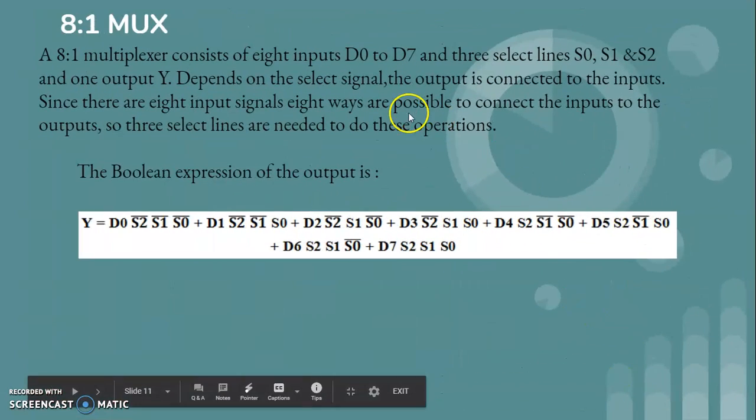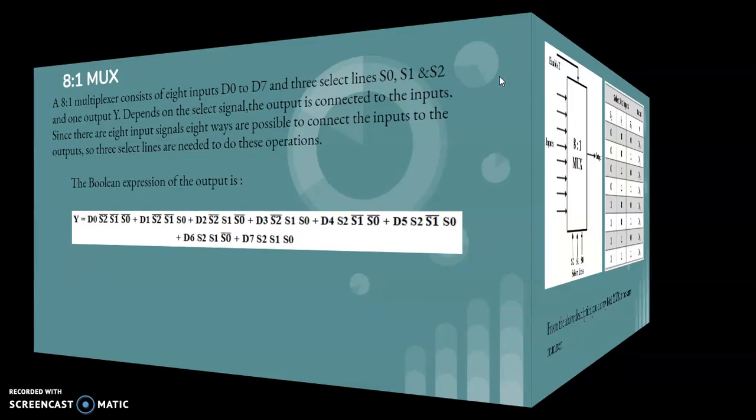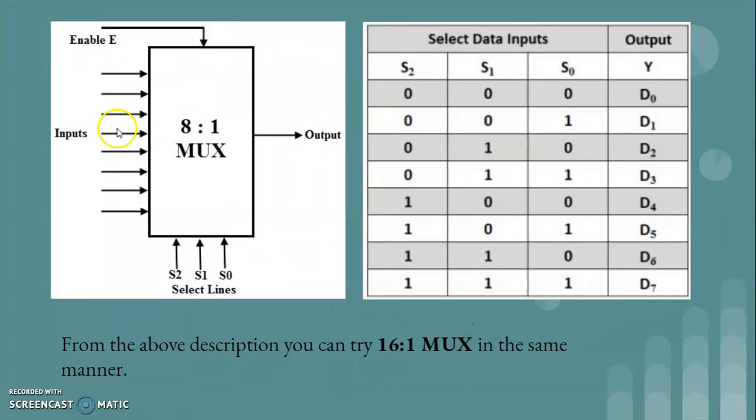The next type is 8:1 mux. 8:1 multiplexer consists of 8 inputs D0 to D7 and 3 select lines S0, S1 and S2 and one output Y, as you can see here in this figure. These are the 8 input lines D0 to D7.